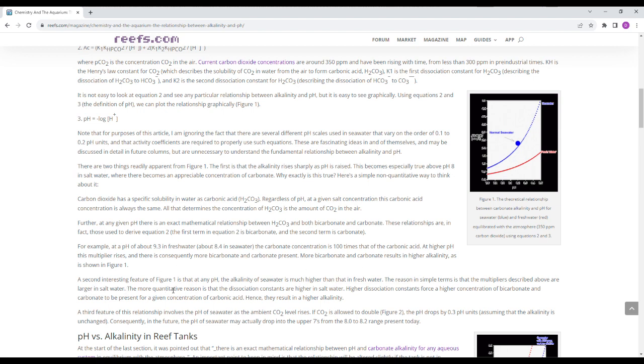The more quantitative reason is that the dissociation constants are higher in salt water. Higher dissociation constants force a higher concentration of bicarbonate and carbonate to be present for a given concentration of carbonic acid. Hence, they result in a higher alkalinity.